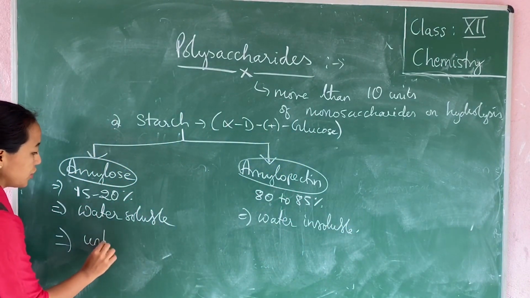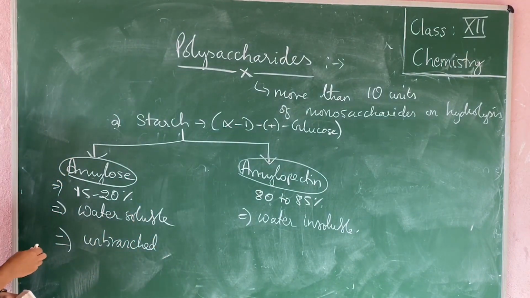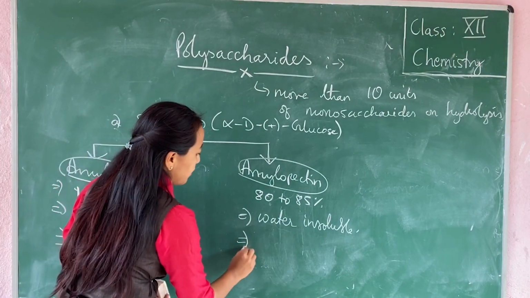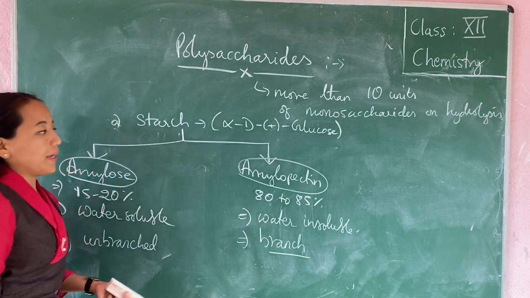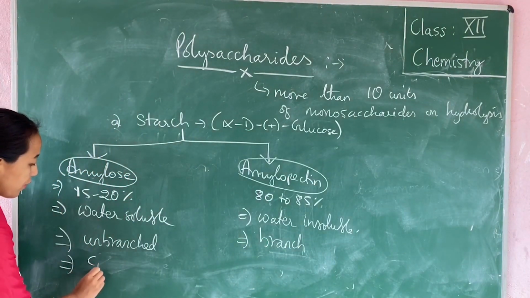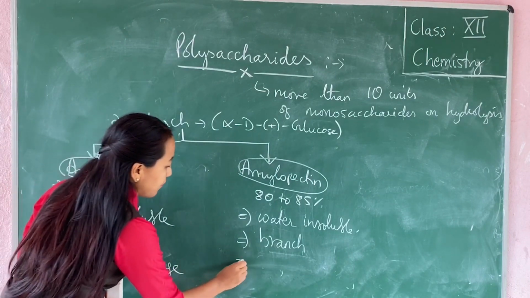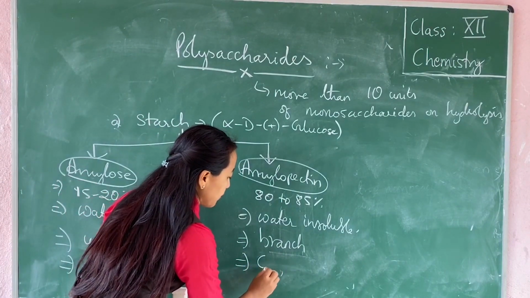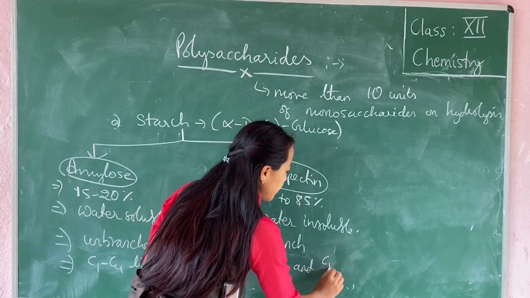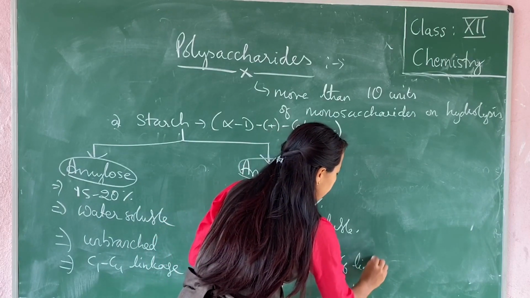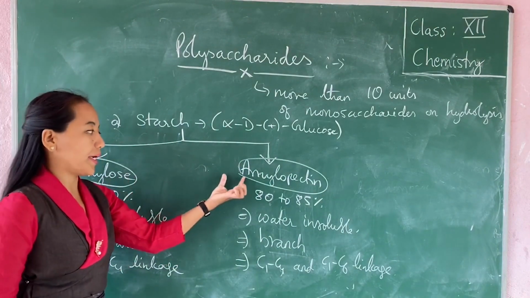Amylose is made of unbranched units of alpha D monosaccharides, whereas amylopectin is branched. So branching takes place in amylopectin. In amylose, C1 and C4 linkage takes place, whereas in amylopectin, there are two types of linkage, that is C1, C4 and C1, C6 linkage. So that's the difference between amylose and amylopectin.